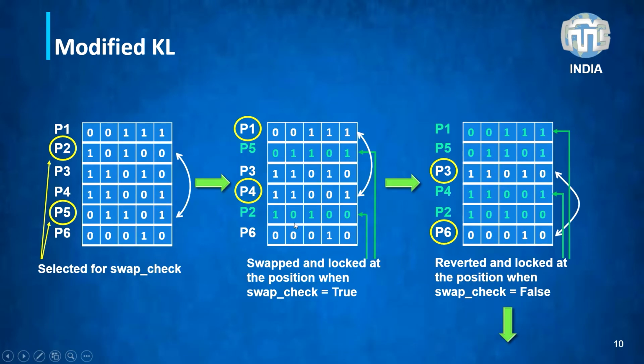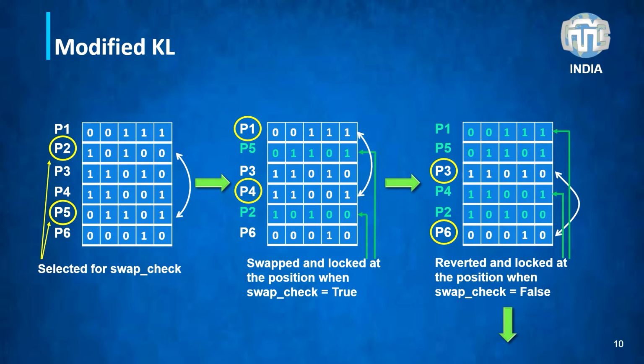So next we are applying the Kernighan-Lin approach. We'll also refer to it as scale. So the modified version of it, we are applying it on our reordering problem. So suppose we have 6 test patterns P1 to P6, and we are picking 2 random patterns P2 and P5 and these two are selected for swap check.